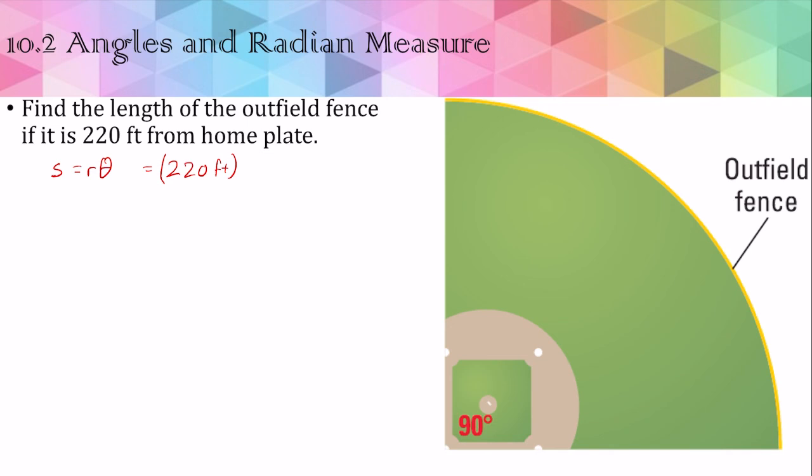What's my angle? 90 degrees. Oh, wait. It can't be in degrees. It has to be in radians. So it's pi over 2. Which makes 110 pi feet, or approximately 346 feet.